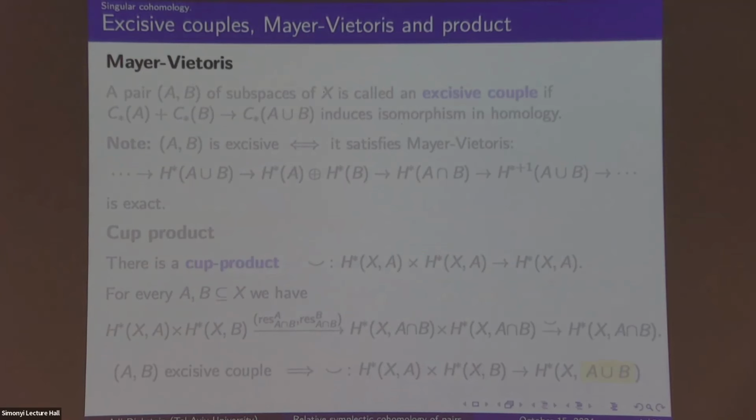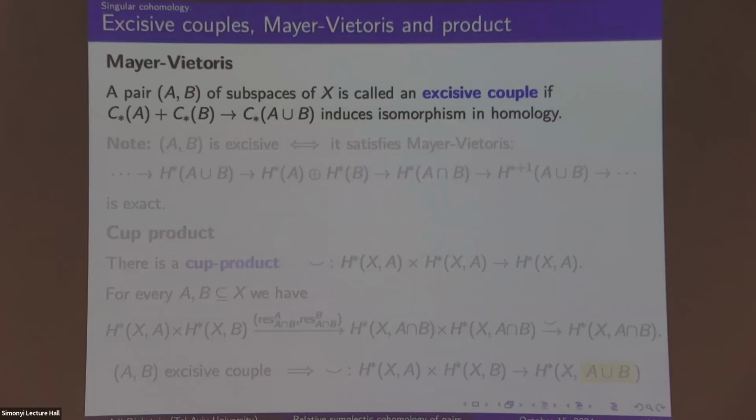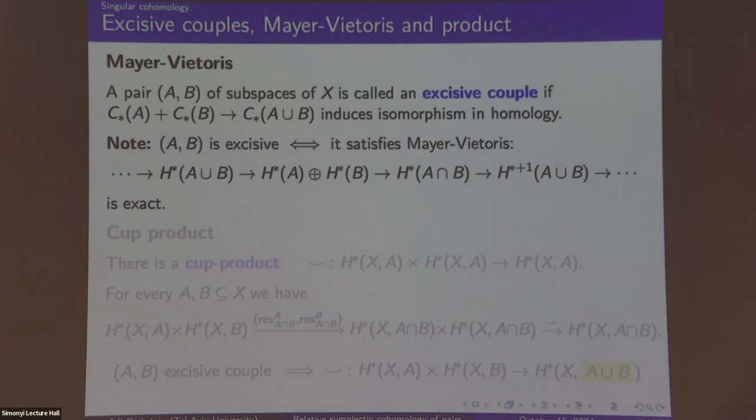In order to get Mayer-Vietoris, we define the notion of excisive couples. A pair A, B is called an excisive couple if the natural map from the chain complex, not cochain, chain complex of A plus the chain complex of B into the chain complex of the union is a quasi-isomorphism. That means that it induces an isomorphism in homology. A pair is an excisive couple if and only if it satisfies Mayer-Vietoris.